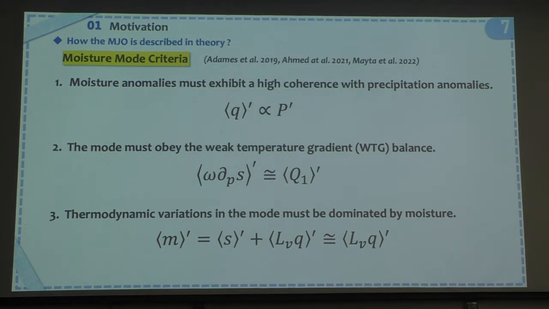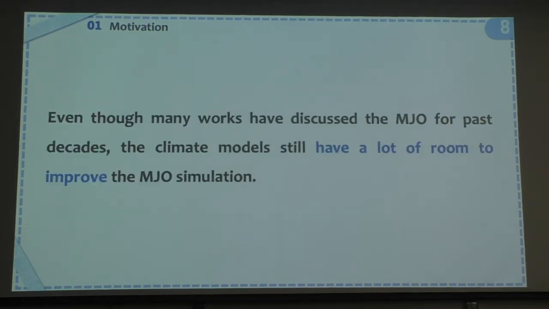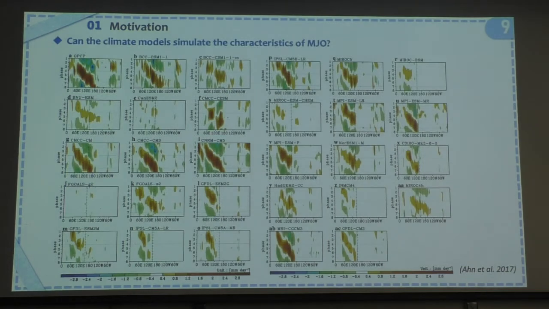But even though many works have discussed the MJO for the past decade, when we want to use a climate model to analyze the MJO or to understand how the MJO changes under global warming, they found that the climate models still have a lot of room to improve the MJO simulation. This figure shows CMIP5 models.